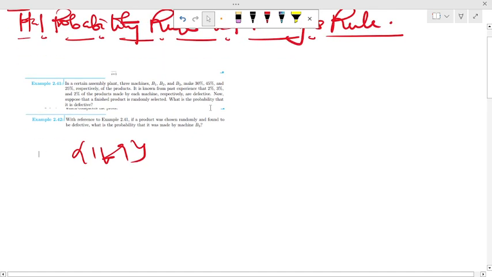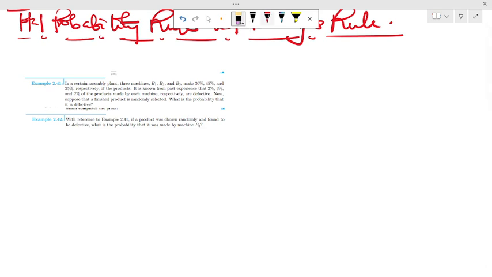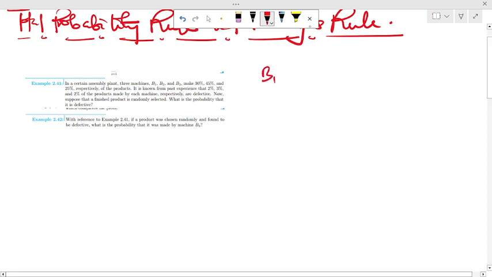So let's move on to the example. The example is saying that in a certain assembly plant, three machines B1, B2, B3 make 30%, 40%, and 25% respectively of the product. So machine B1 makes 30%, B2 makes 45%, and B3 makes what? 25%.